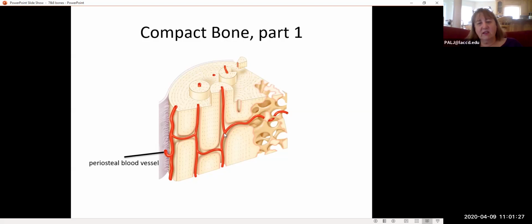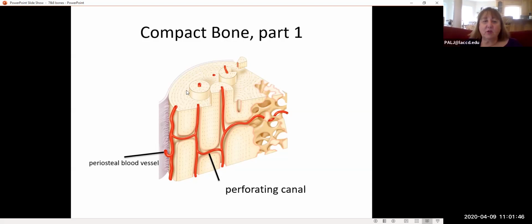Eventually the blood vessel makes its way to the spongy bone, where it travels among all the bony trabeculae. The tunnels which travel perpendicular to the length of the bone are known as perforating canals.